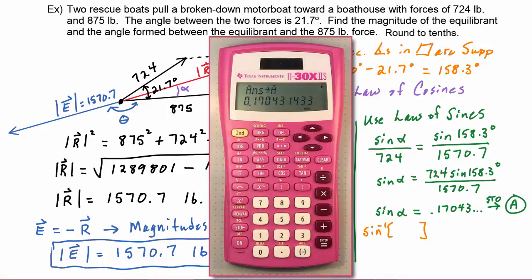So on the left-hand side, we have the sine inverse of the sine of alpha. On the right-hand side, we will have the sine inverse of this number that we just stored in A, 0.17043, etc.